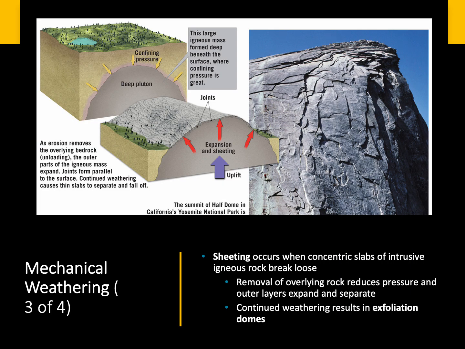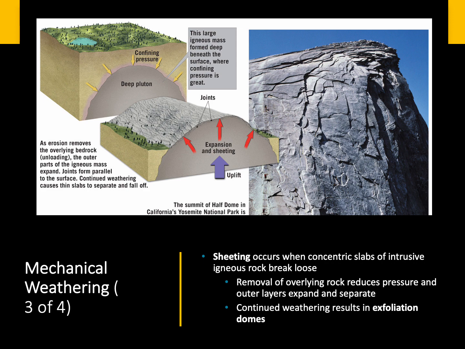Another type of mechanical weathering is called sheeting. And this happens when we have those intrusive igneous rocks, the ones that are forming from magma deep inside of the earth. When they form, they have lots, maybe even miles thick of rock and sediment on top of them. But over millions of years, all of that rock and sediment is going to be moved somewhere else, exposing this igneous rock that used to be deep underneath the ground.